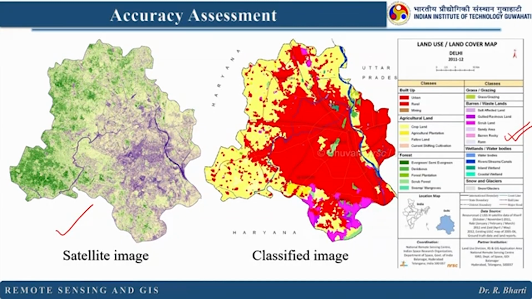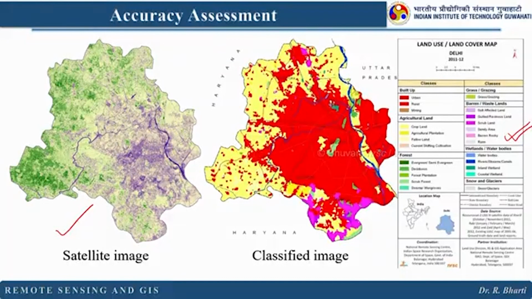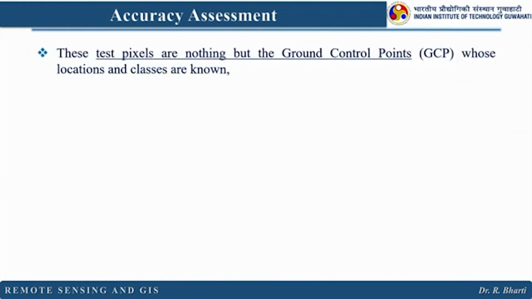So what you have to do is visit the field and collect the location values like latitude and longitude using a GPS, and then you will plot them here, right. And this plotted information will be used to compare the classified image class and the field class, right. So that is known as ground truth.